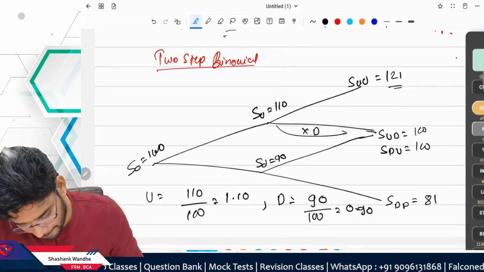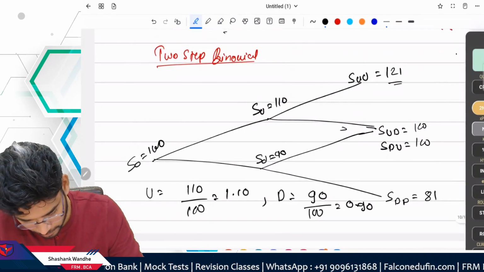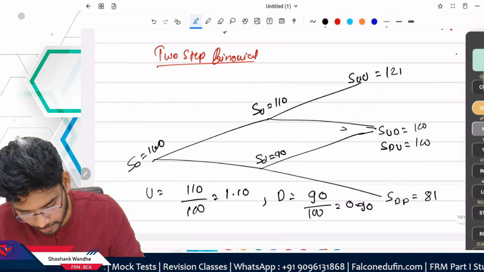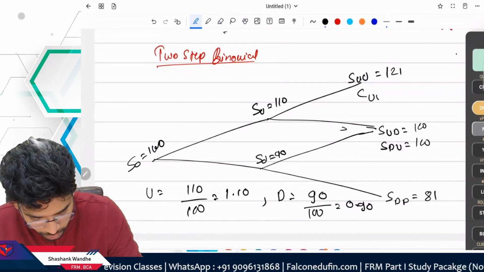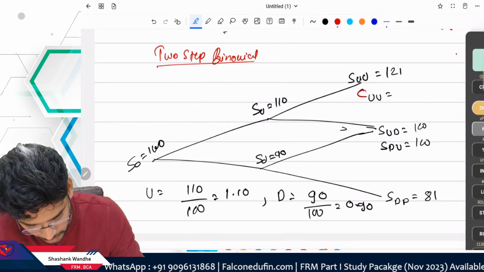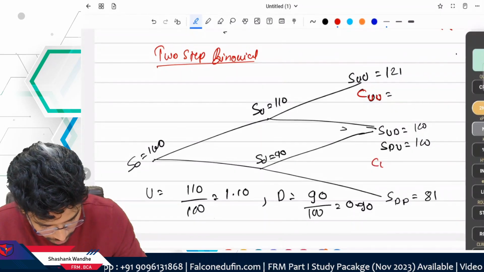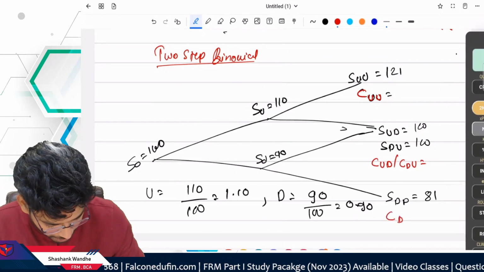Then we have to calculate the payoff: CUU, then CUD and CDU, and then CDD.